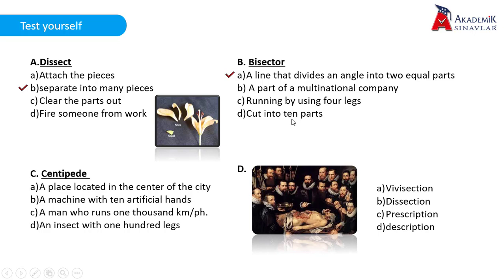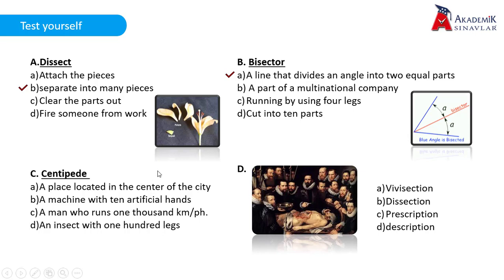Where may you see this word? In SAT and ACT, you always see these kind of words like bisector, trisector. Those are the lines, as you can see in the picture, that divide an angle. So this blue angle is bisected as a verb. Bisected. Okay?